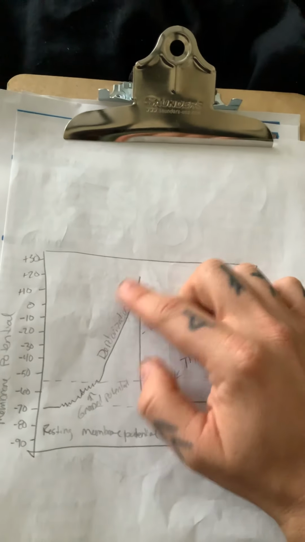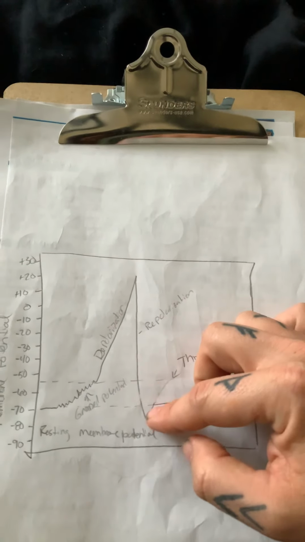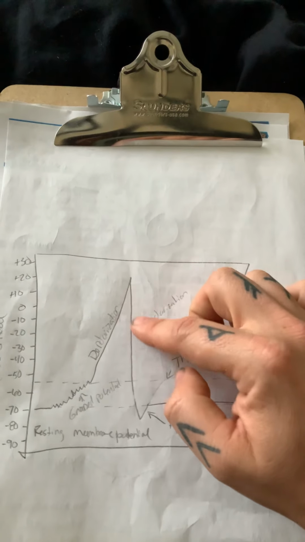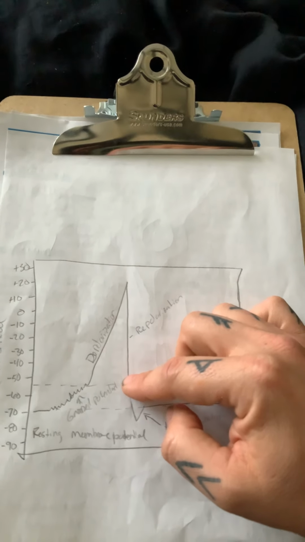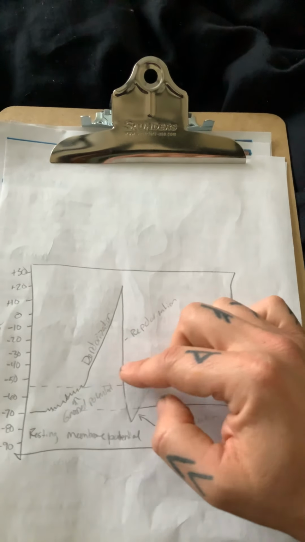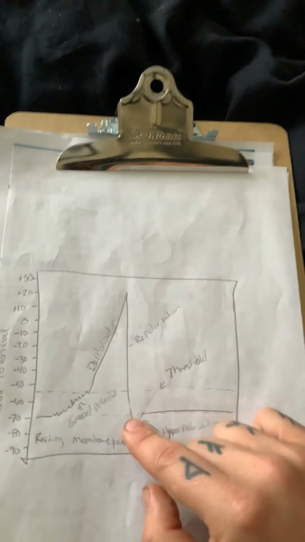Once it gets down here, once those channels close, because there's a gap in how long it takes for the potassium channels to close, it can receive another stimulus, as long as it's strong enough for another action potential.